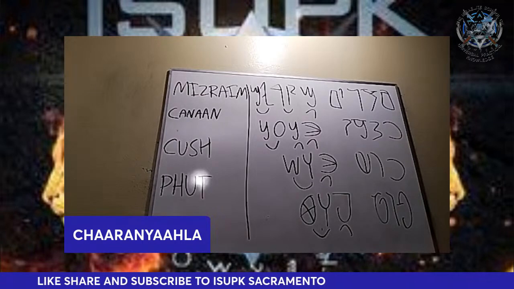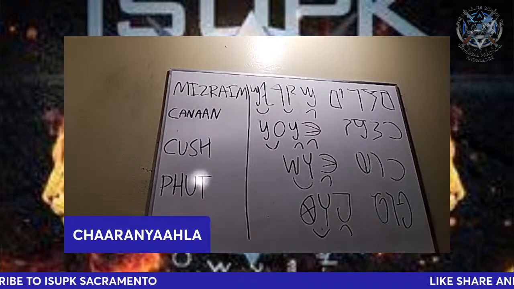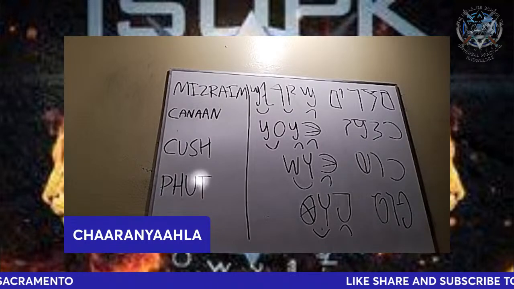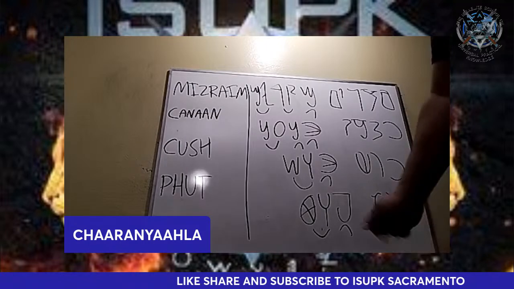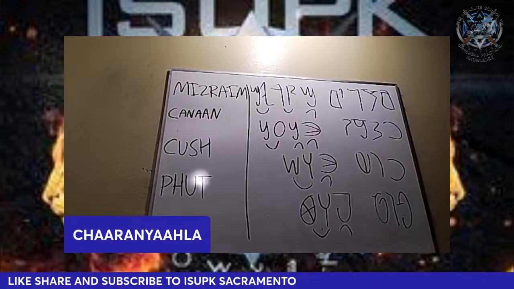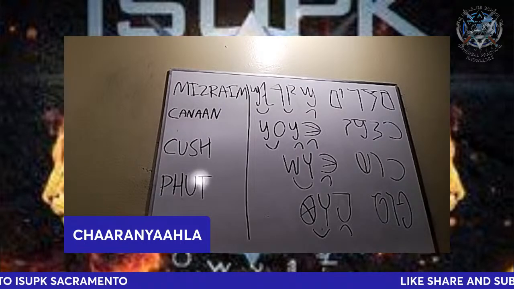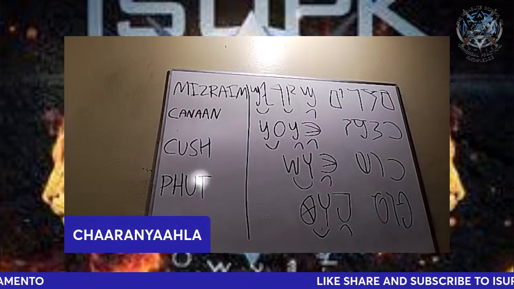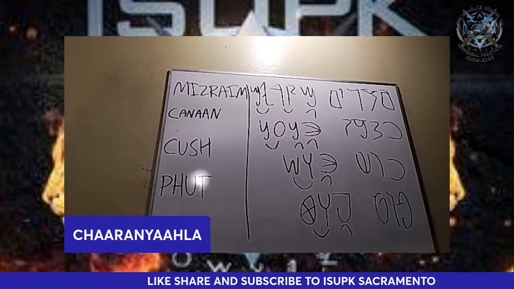And then we have Put or Pawat. These are the original Africans of Libya. All right. The original Africans of Libya. Not, I forget, not Saddam Hussein, but I forget his name, but the African president that they killed because he wanted to get the devil out of the land, you understand?